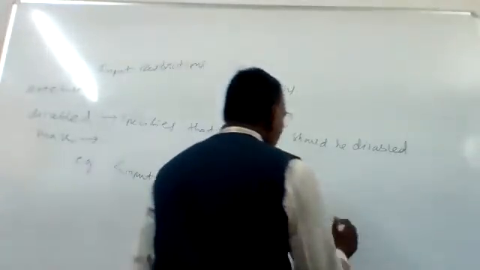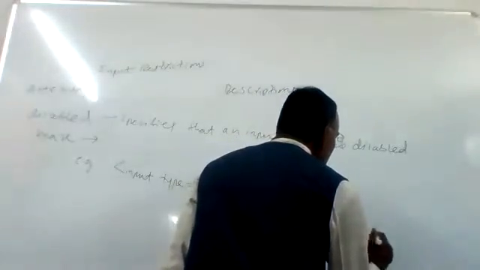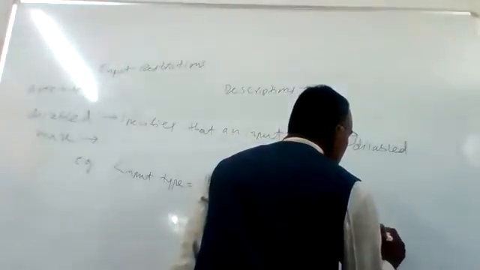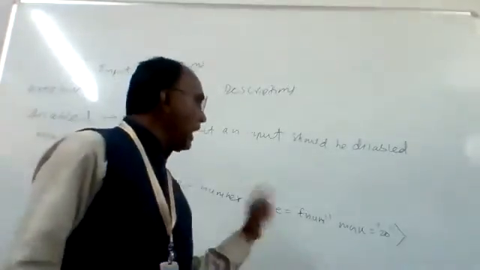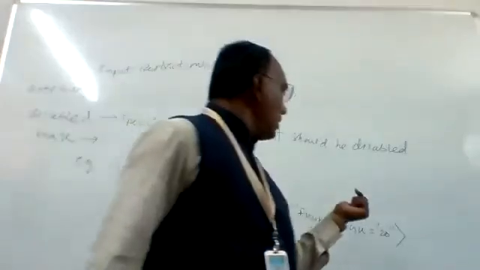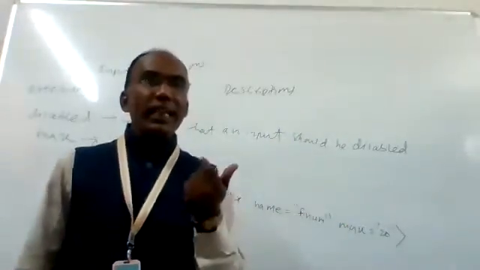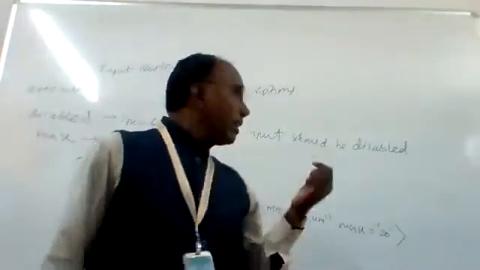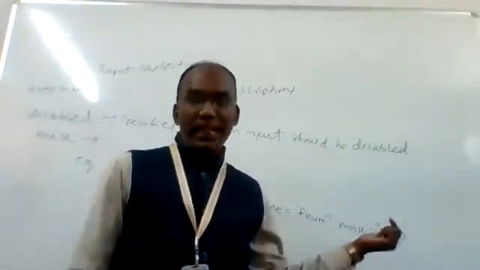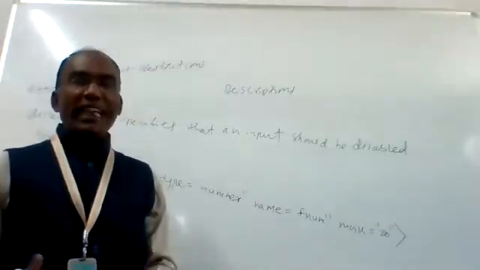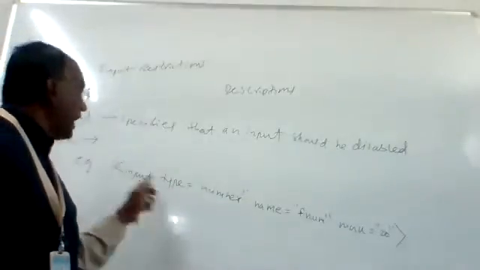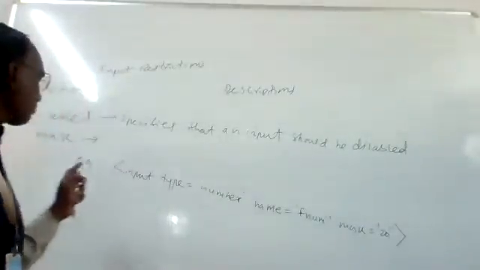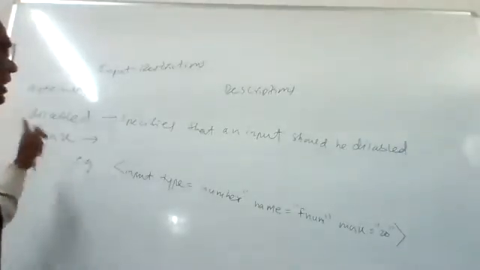For example, input type is equal to number, name is equal to fnum, max is equal to 20. So here we can give the maximum value, that is 20. We can use this max attribute with input type number.